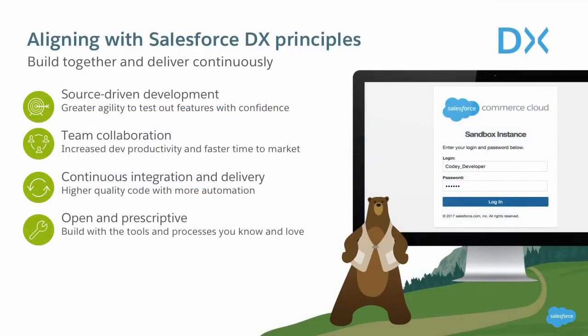The other really interesting and exciting thing that is coming now that we're part of Salesforce is aligning with some of the things you might have heard about around Salesforce DX. As I mentioned, we've made a lot of investments in source-driven development and being open and providing flexibility on tooling and technologies. But we also think there's more that we can be doing to align with DX around continuous integration and delivery.